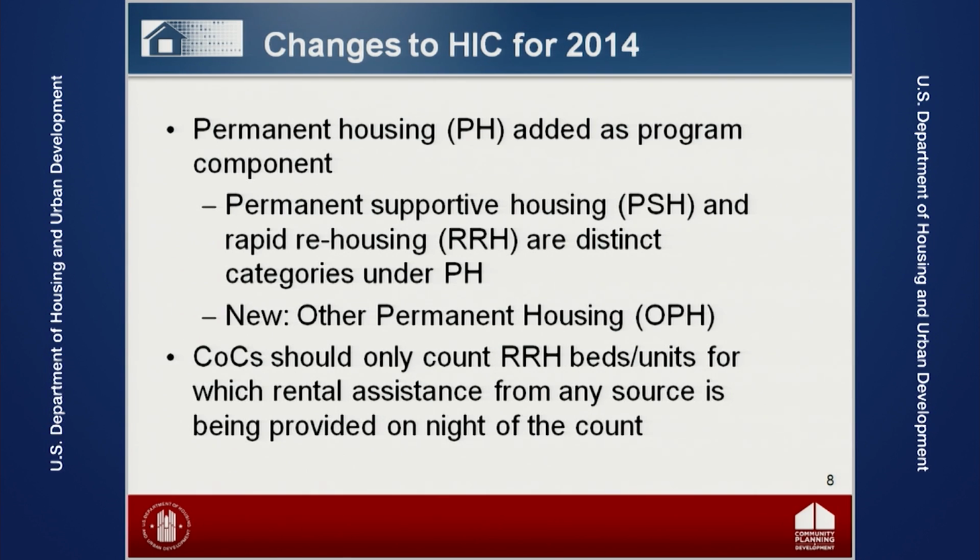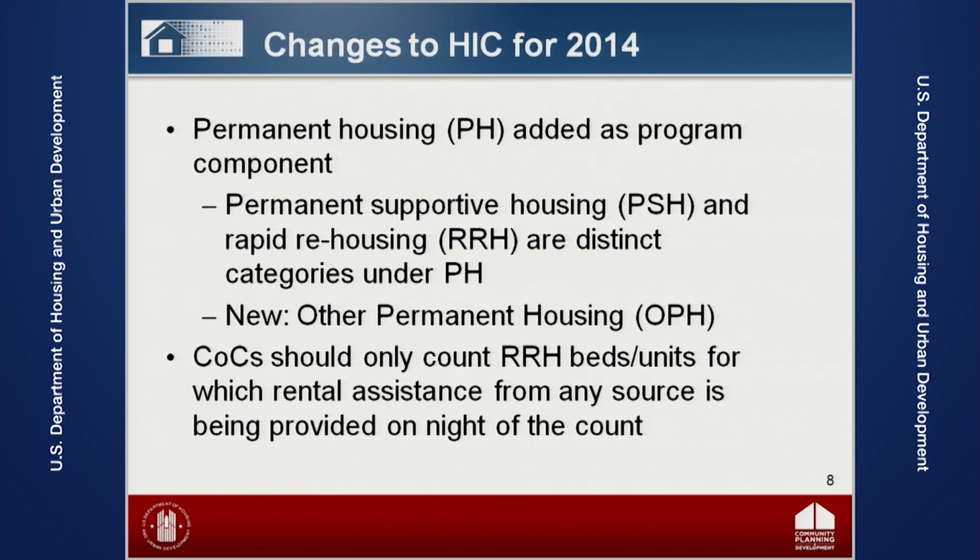Permanent housing is community-based housing, the purpose of which is to provide housing without a designated length of stay. Permanent supportive housing, or PSH, and rapid rehousing, RRH, are distinct project types under the permanent housing component, along with a new type, other permanent housing.